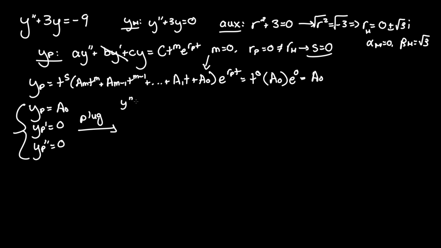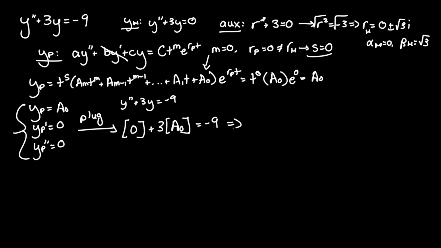So now we plug into y double prime plus 3y equals -9. So yp double prime is 0 plus 3 times y, which was a sub 0, and we don't even need yp prime. And this equals -9.